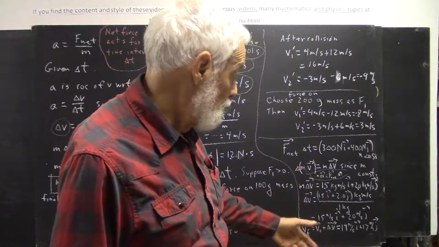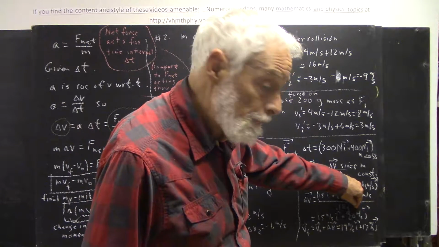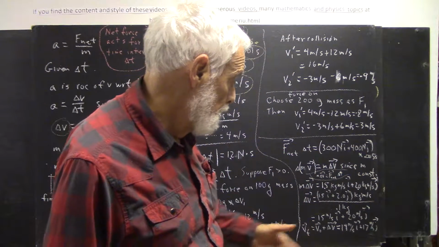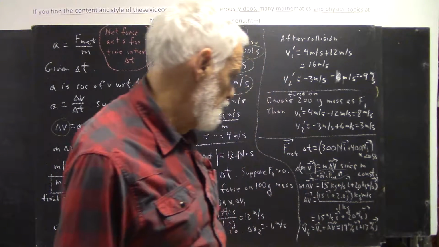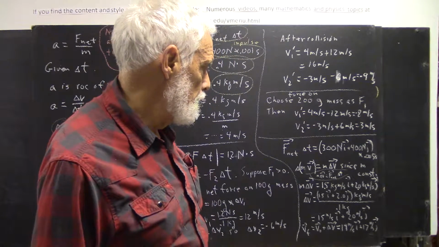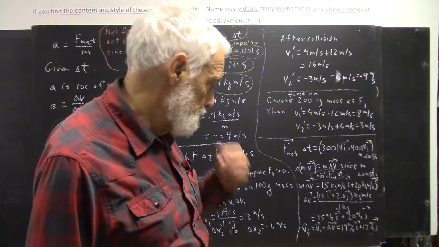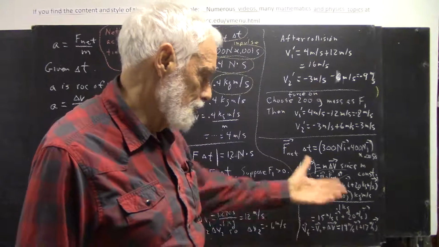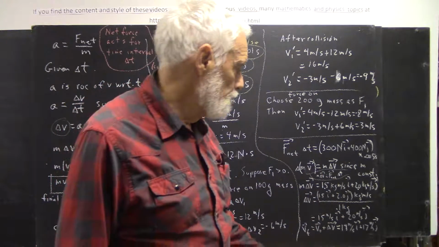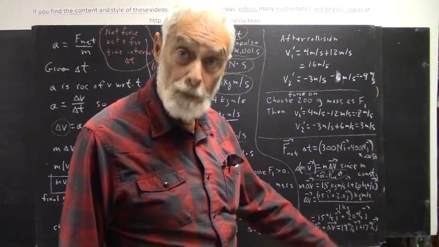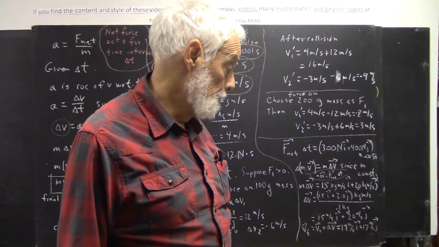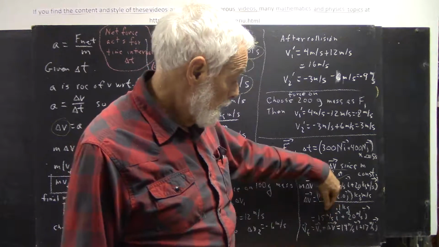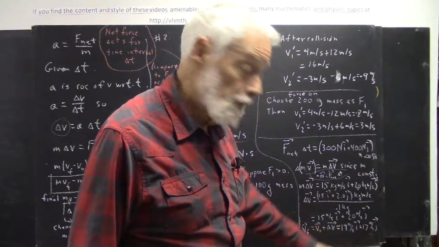And if we add this change to that initial velocity, this is what we get. Actually, I think I got it right. It was 4 meters per second times I minus 3 meters per second times J. That was the initial velocity. You add that to the change in velocity, you get this.